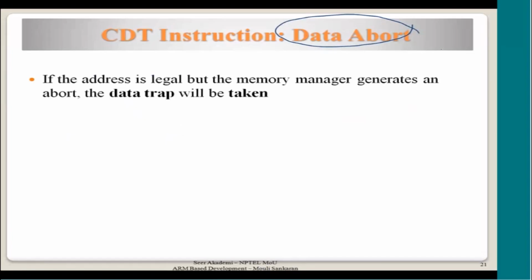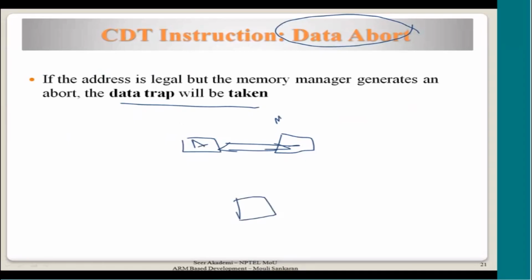Okay. Now one more thing, data abort is possible in the coprocessor data transfer also. The address is legal, but the memory manager generates an abort. Okay. Now see, an abort has to be there irrespective of whether the transfer is between ARM and memory, or the coprocessor and memory.